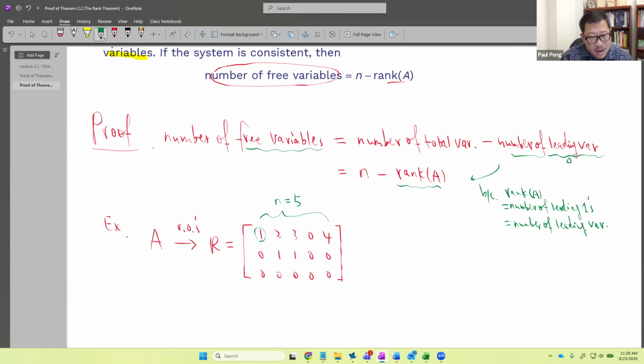Do you believe this leading one or leading entry? If this is not a reduced form, the entry will probably not be one. That's called a leading entry, but it's the same, since a leading entry can be turned into a leading one. Now we have two leading ones, which means two leading variables.